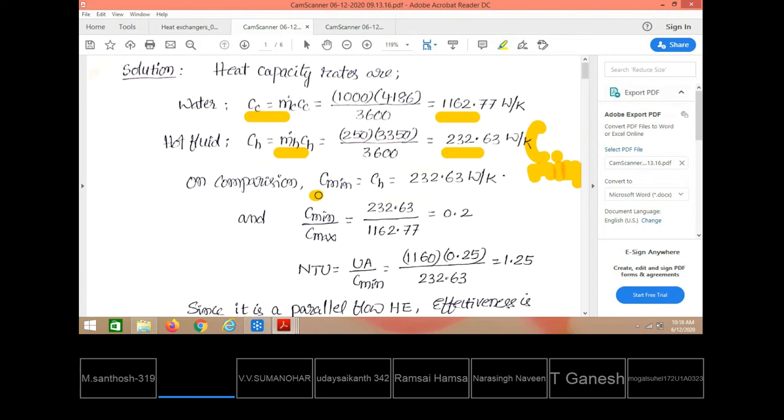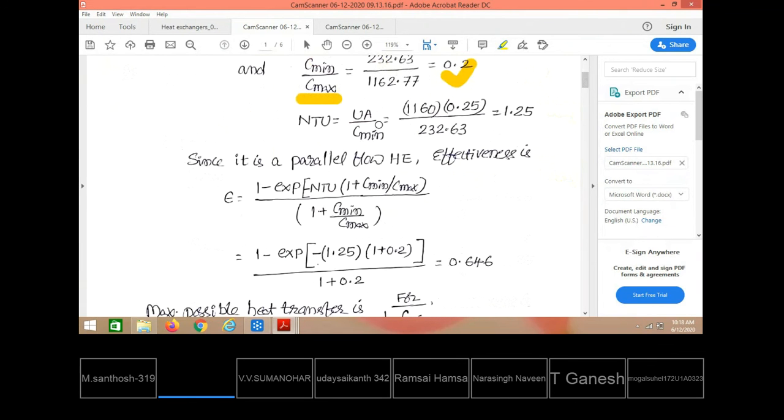C minimum equals Ch, that is 232.63. Automatically the other will become C maximum. Out of the two estimated heat capacities, whichever is C minimum and whichever is C maximum, we have the ratio C minimum by C maximum as 0.2.